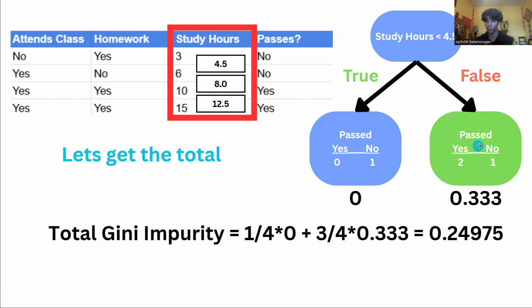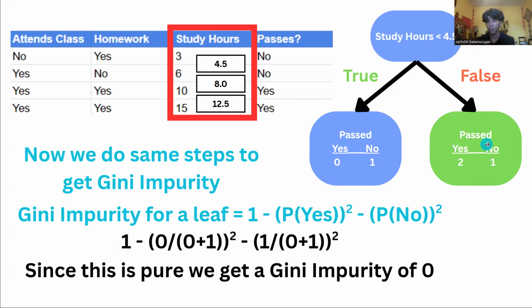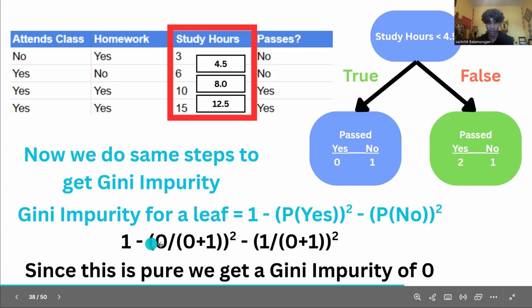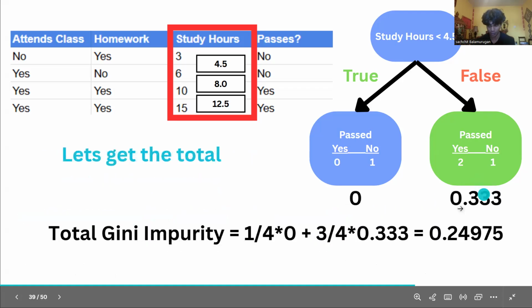We're doing it for both. For the right leaf, it would be a different scenario. It's 2, right here. Probability of yes, 2 over 3. And for the no, probability of no, it'd be 1 over 3. So that's how you're getting this answer here.